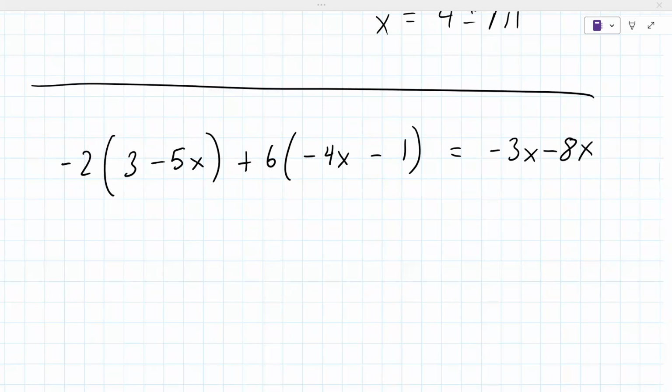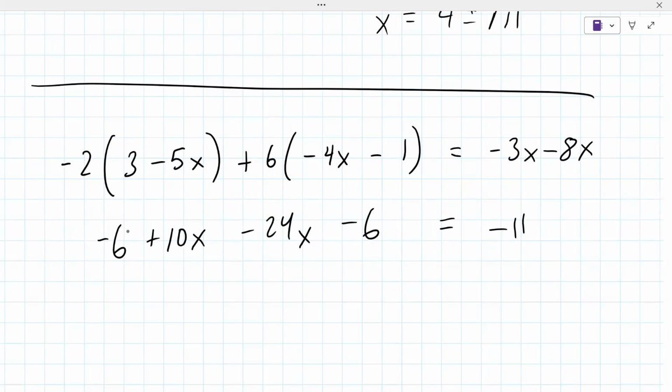Okay, I got -4. Oh, it did work out nice. I'm surprised. All right, let me check that. I didn't know; I just made these numbers up. So -6 plus 10x minus 24x minus 6 equals -11x.